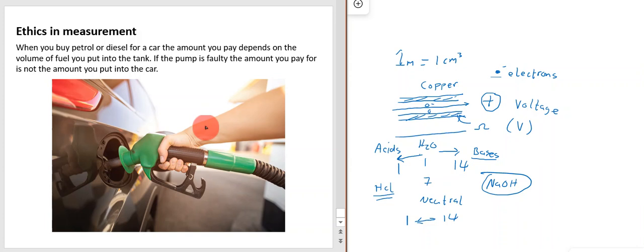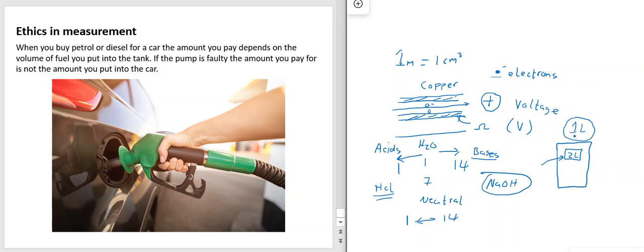For example, if there was no ethics and people that own petrol pumps were unethical, it might say that you've got 2 litres of petrol or diesel, but that measurement might be inaccurate. It might actually only be giving you 1 litre, but nonetheless you have paid for 2 litres. This would be unethical.